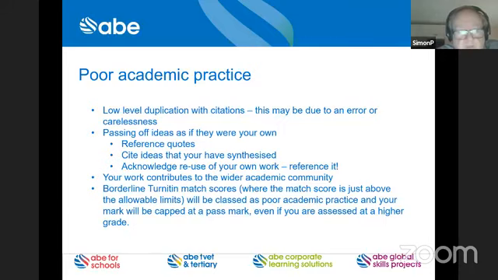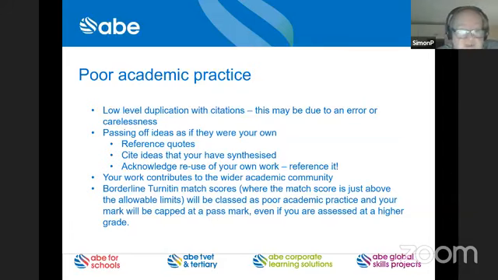Then also there are the single source and the combined top 5 single sources within any match score. It may well be that the result you get is in excess or on the cusp.